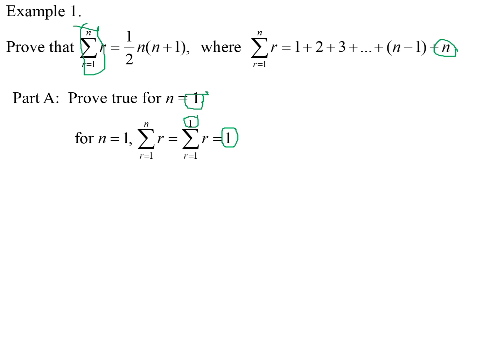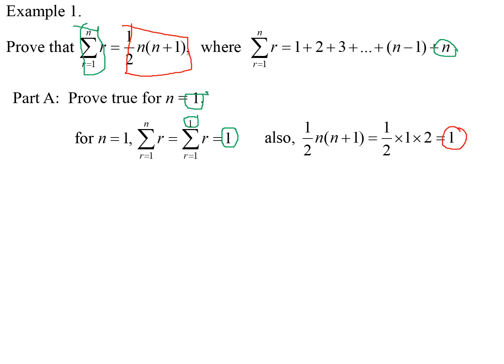The next step, we will focus on the right hand side of the equation. So that would be substituting n as 1. So it will be half times 1 times 2, and we will get 1.